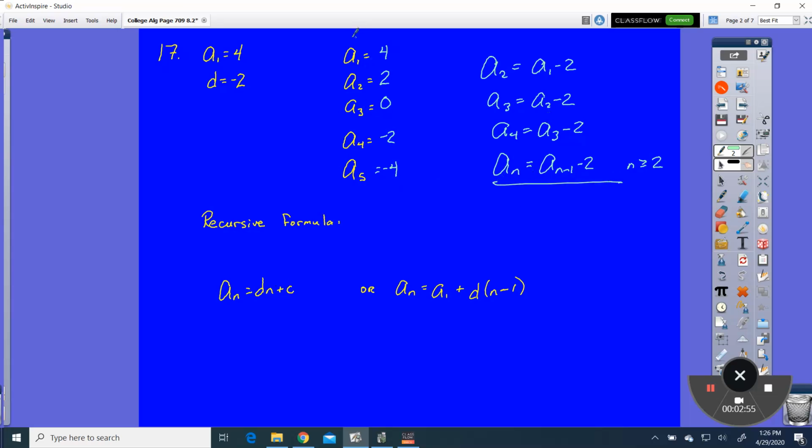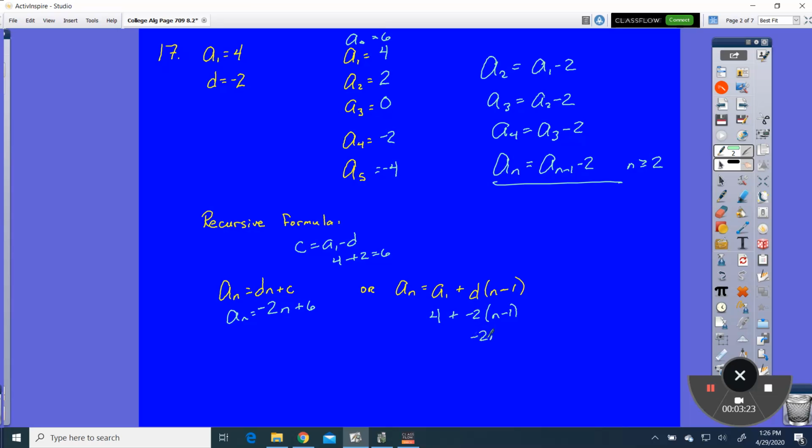Again, if I were to go this way, the 0th term would be 6, or you could say C equals A1 minus D. So 4 minus a negative 2, a minus turns into a plus, which makes 6. So now I just plug that in. D is negative 2n plus 6. Whereas in this one, you just plug stuff in and then work it out that way. D is negative 2 and n minus 1.